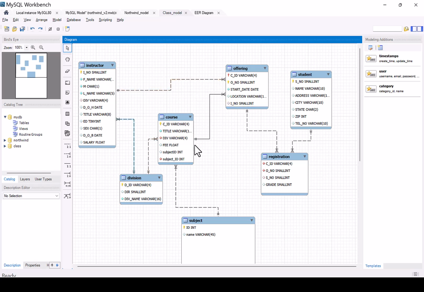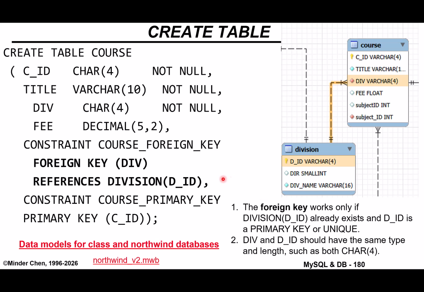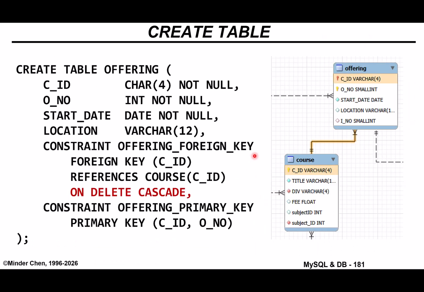You can tell that actually all of the relationships are one-to-many relationships. This is just another foreign key between offering and courses.